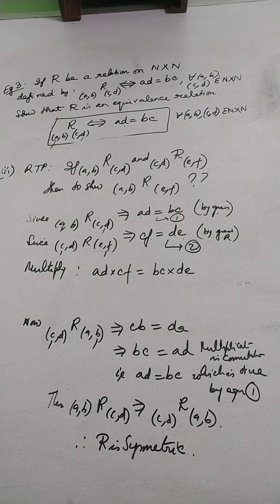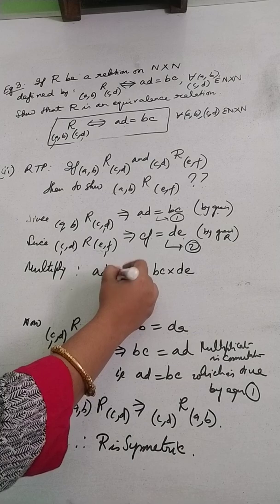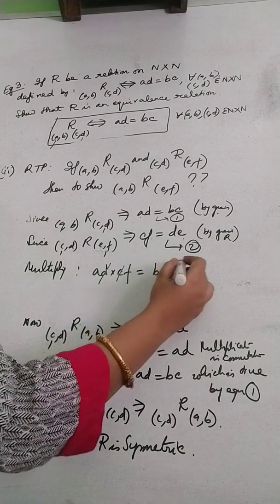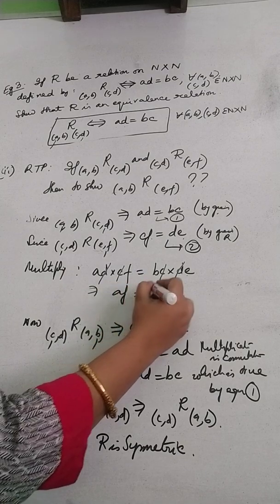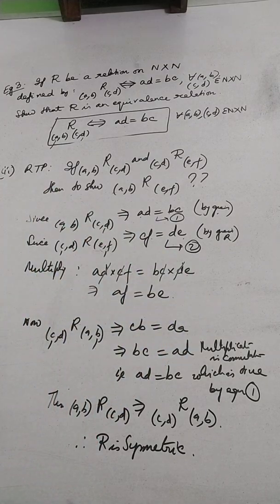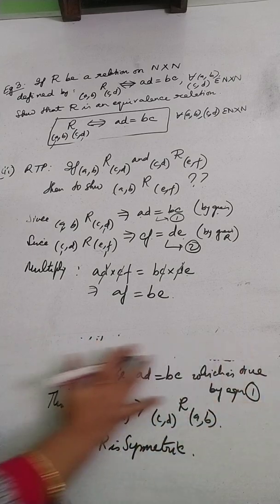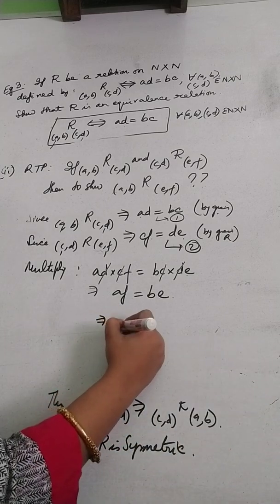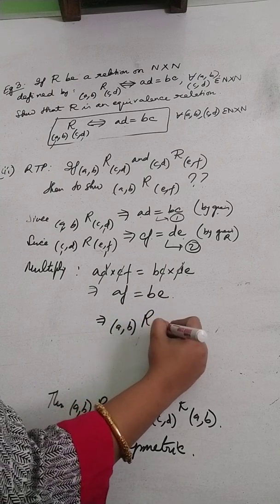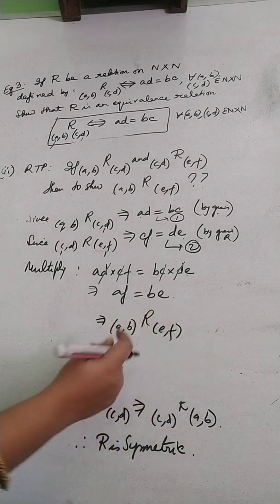As a result, C and D from either side cancel, and you have AF is equal to BE. What does it mean? By the definition, it means that AB is related to EF.